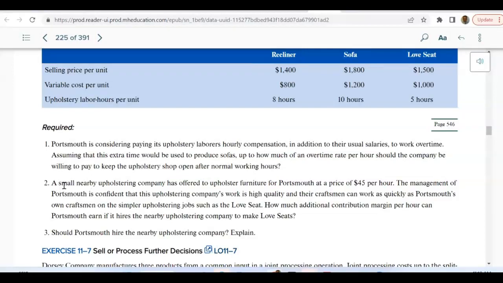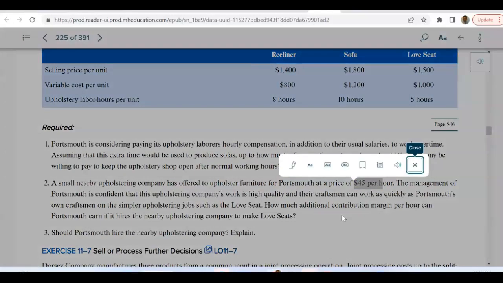In the second scenario, a small nearby upholstery company has offered to upholster the furniture for the company at a price of $45 per hour. So someone offered to do the job for $45 per hour, another company.